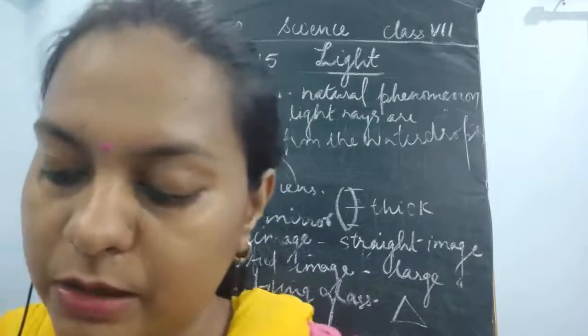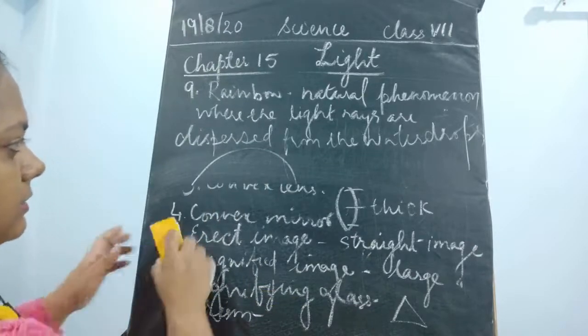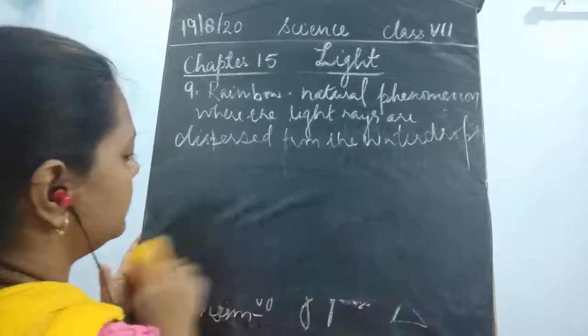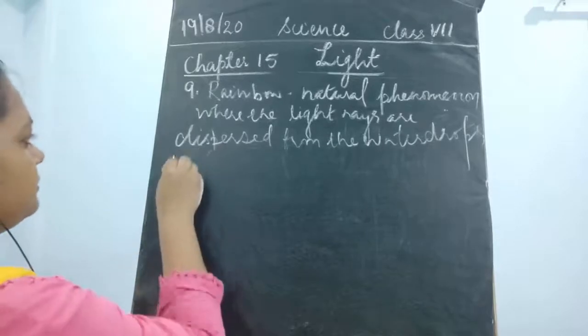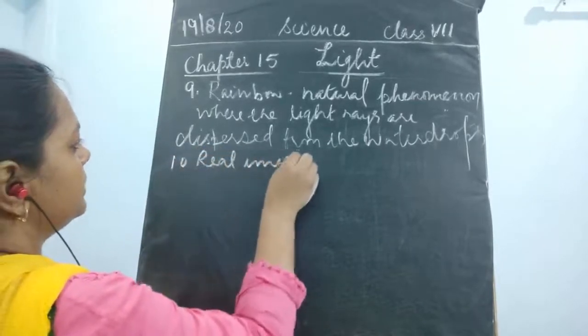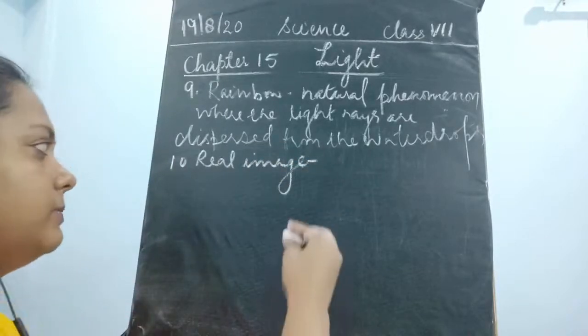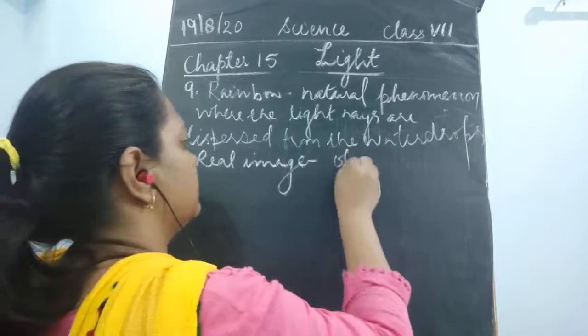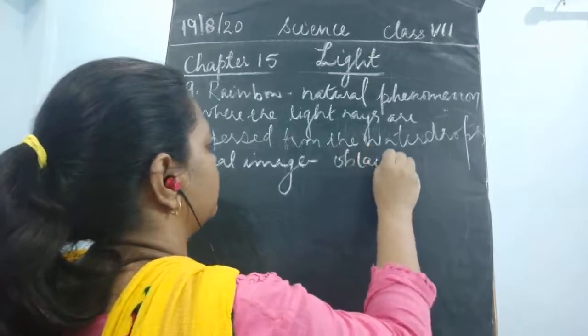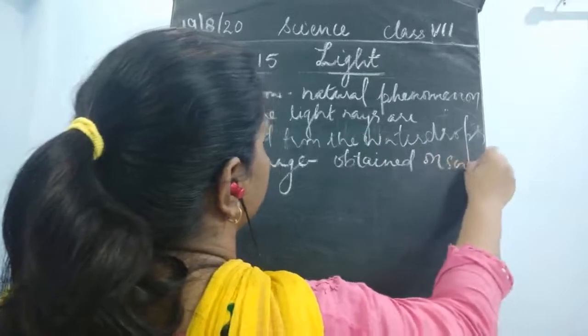Okay, next word now is the real image. What is a real image? Real image is the image which is obtained on a screen.